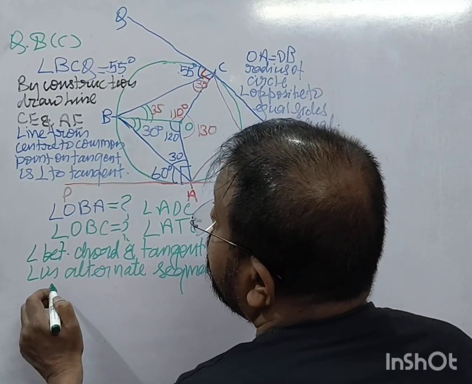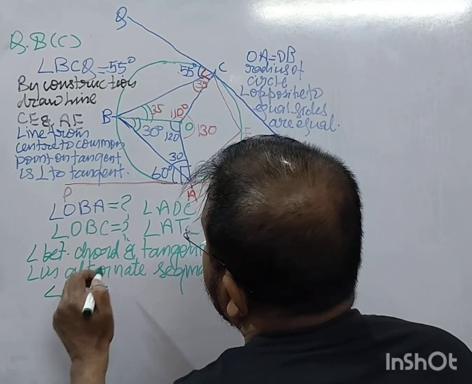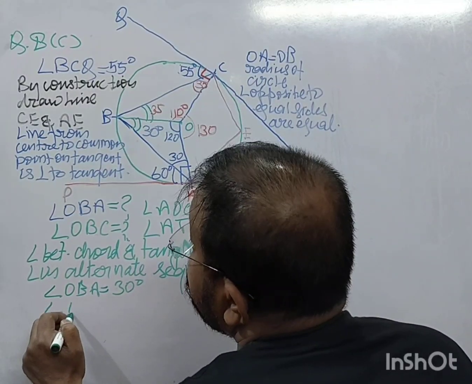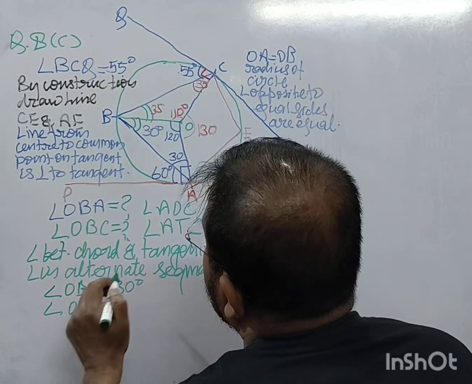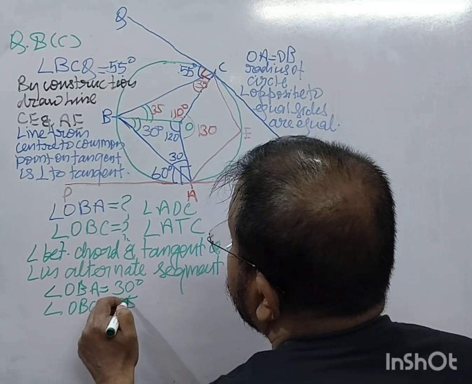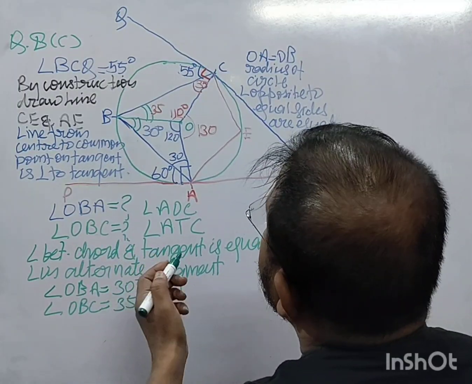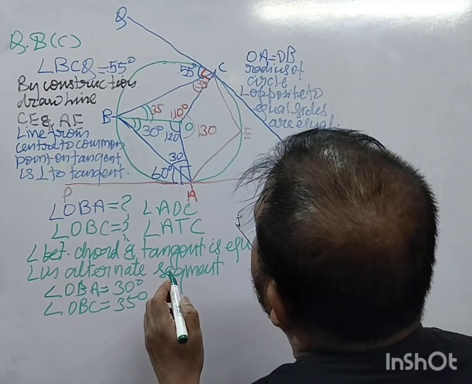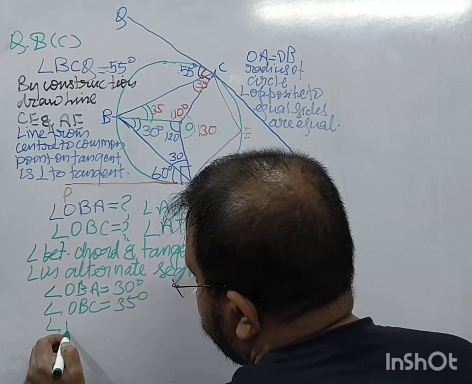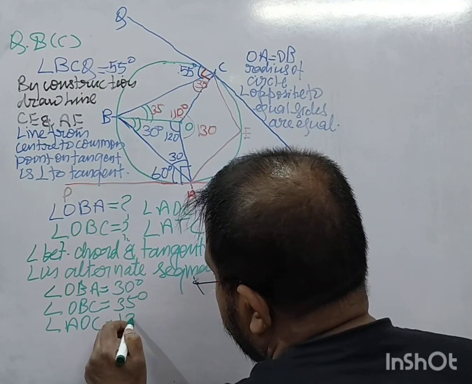So what do you get? You get angle OBA is of 30 degree. Angle OBC is of 35 degree, and angle AOC, sorry, angle AOC is equal to 130 degree.